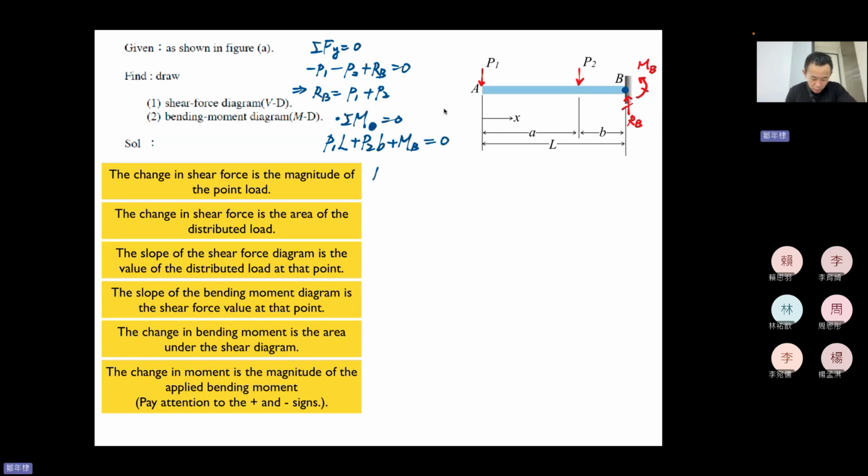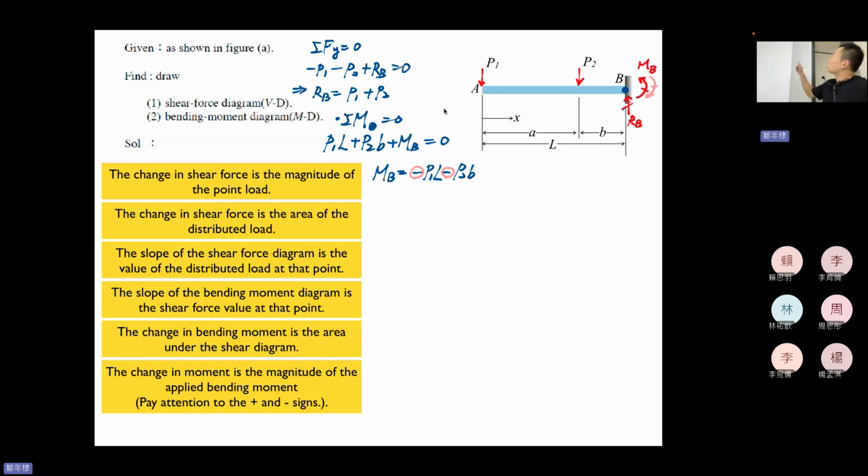So everything will be positive. But the result shows MB is negative, which means that my assumption was wrong.